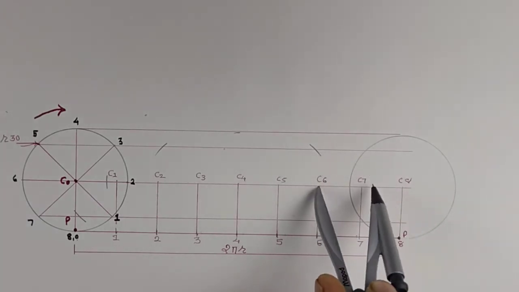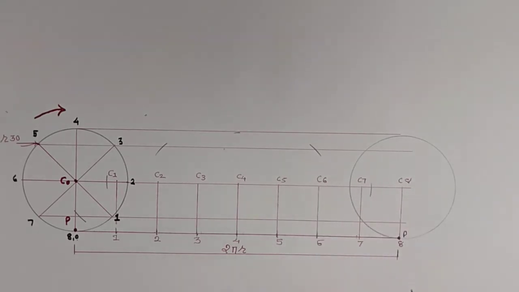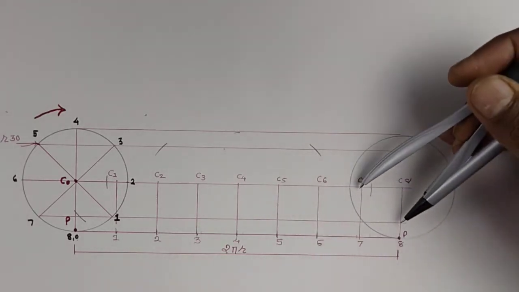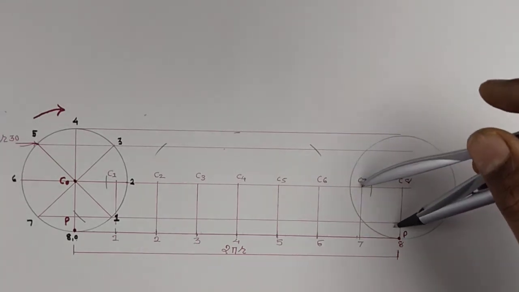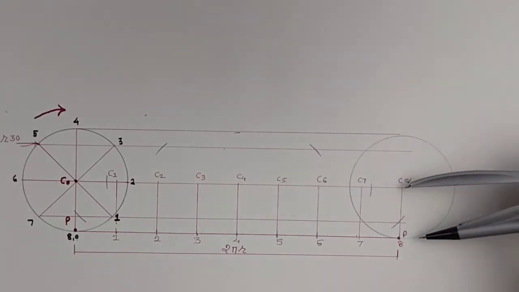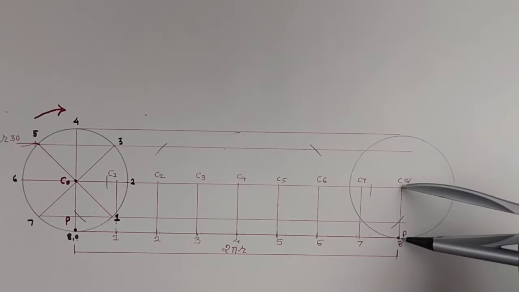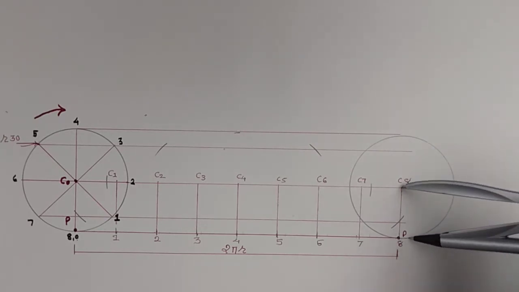Then C6, you draw the arc on the 6 number line. Then C7, the arc on the 7 number line. Keep C8 as the center and draw the arc on the 8 number line.